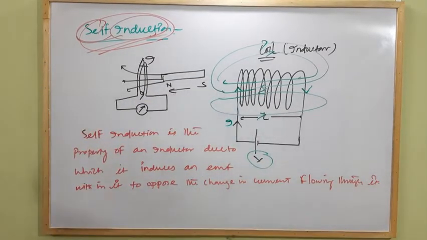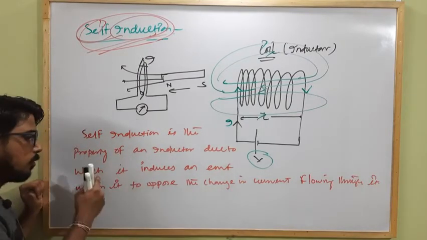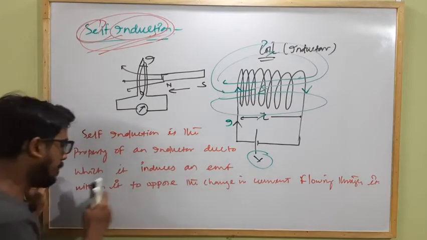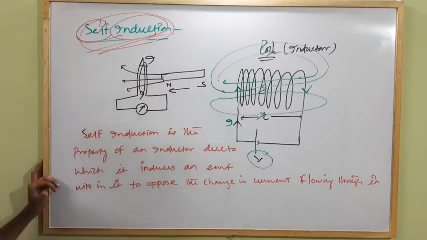Clear? So self-induction is the property of an inductor due to which it induces an EMF within it to oppose the change in current flowing through it.